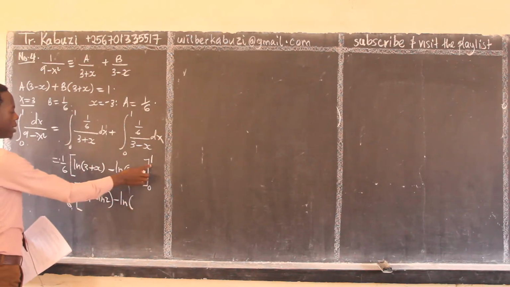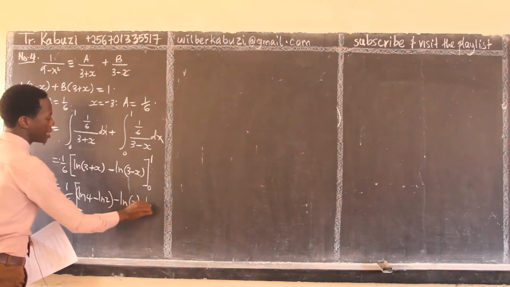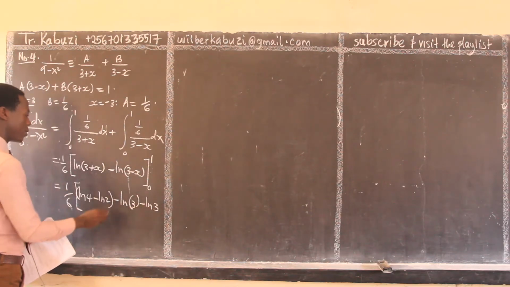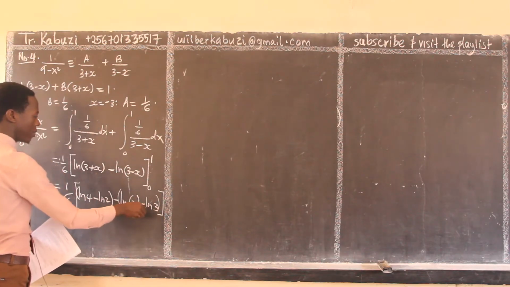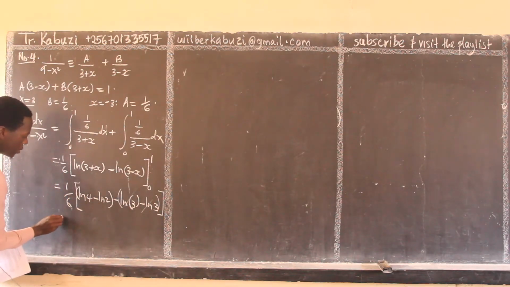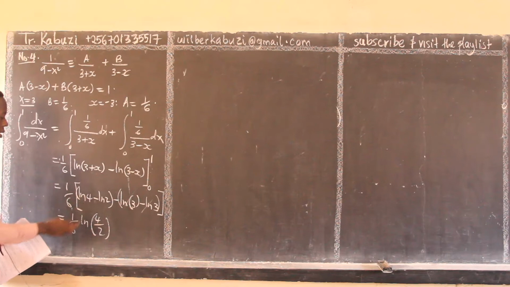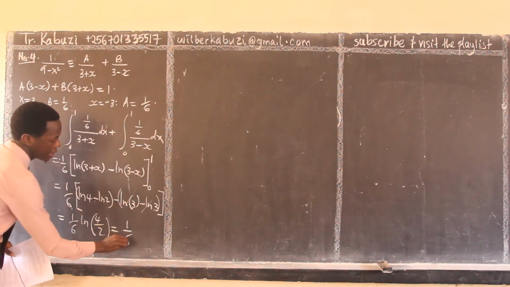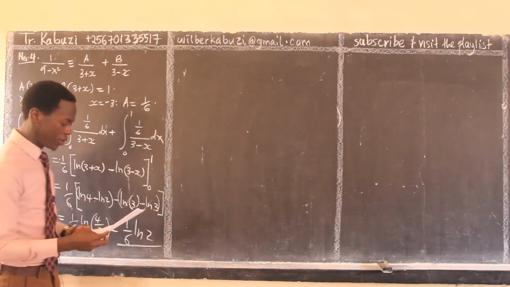Here, when I put in 0, I'll be having natural log of 3, minus, when I put in 0 there, have still natural log of 3. See this one, we'll go with this. So I have this, which would be 1 over 6, natural log of 4 divided by 2. Remember, when subtracting, we divide these 2, which will be 1 over 6, natural log of 2. And that's what they wanted us to show.